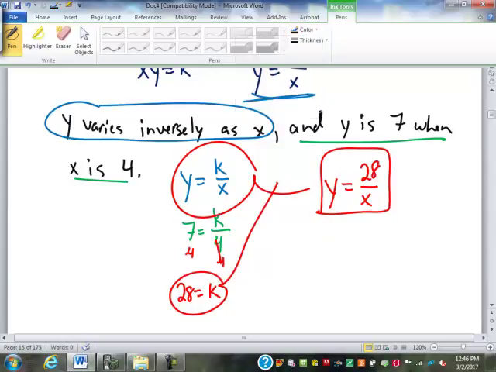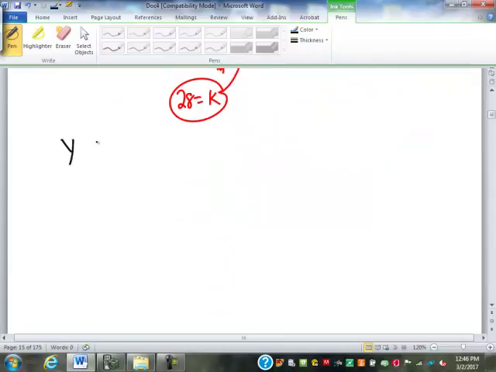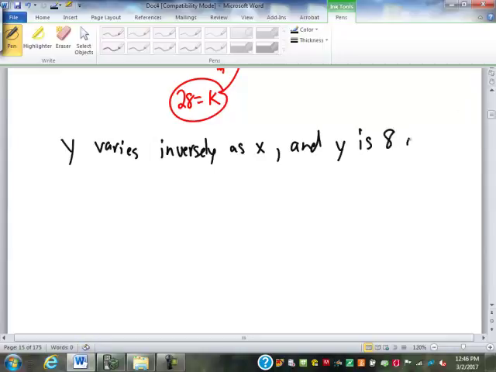Now, of course, we could go a step further. We could have y varies inversely as x, and y is 8 when x is 6.